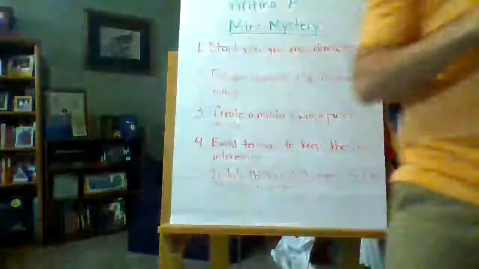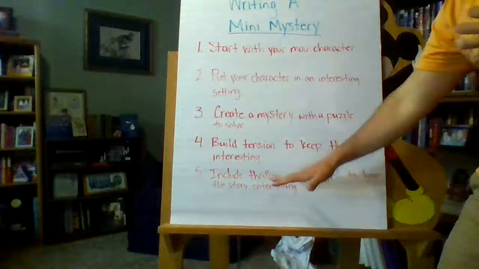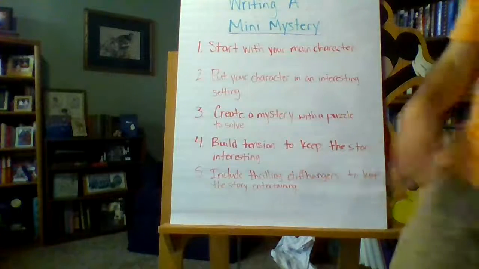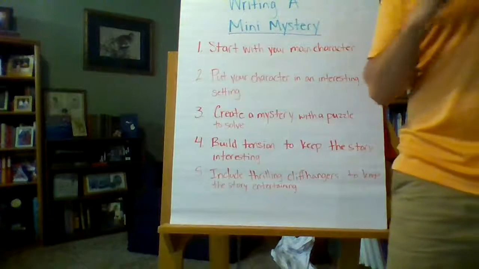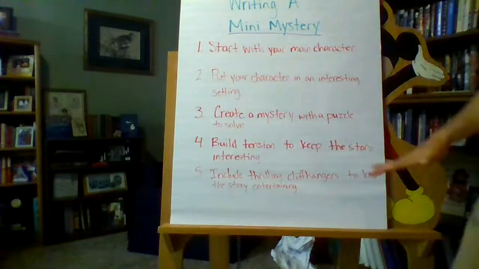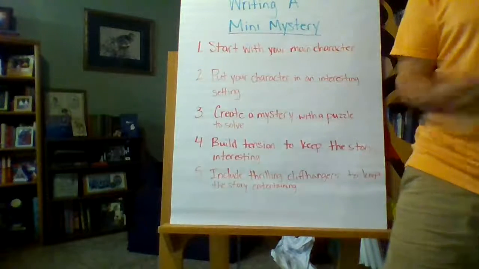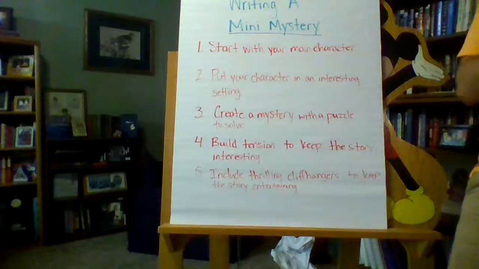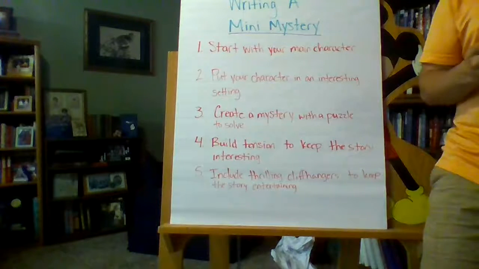So you guys might have even some better examples or thoughts in your head about how you can keep the story entertaining by having these thrilling cliffhangers. Sometimes the character has to encounter the bad guy. Sometimes that means that there's some danger.